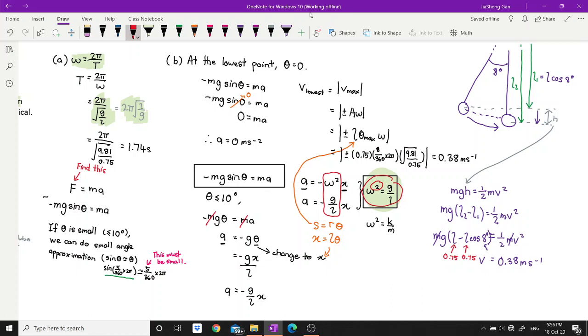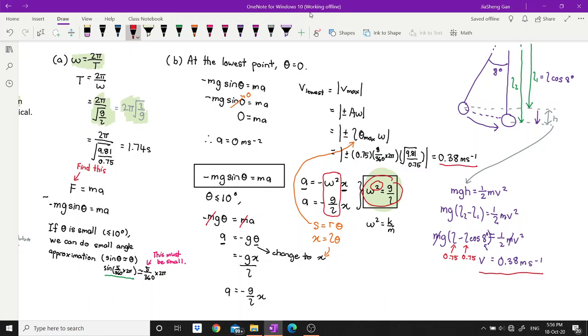You have everything here, you can move around, then you can get v. And the v, you have the same answer as what you got earlier. There are many ways to get this speed at the lowest point. So I introduced two methods, you can use either one of them.